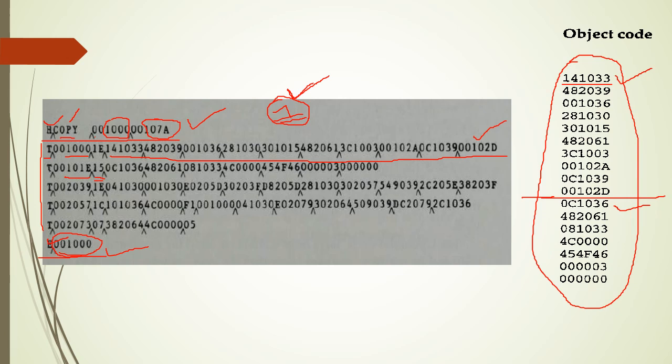The object program will have three records: header record, text record, and end record. The header record mentions the name of the program, followed by the starting address and length of the program. The text record has the actual object code generated for the instructions, and the end record has the address of the instruction from where the program has to start its execution.